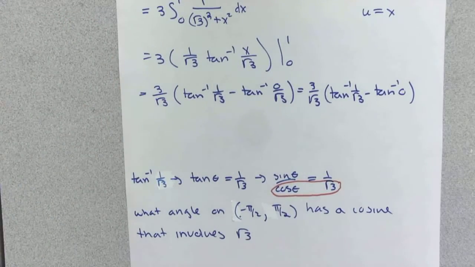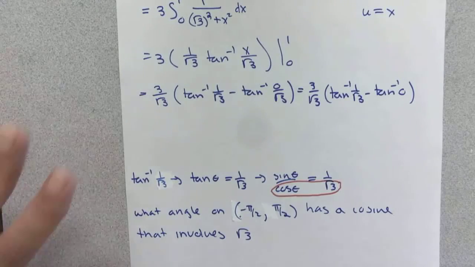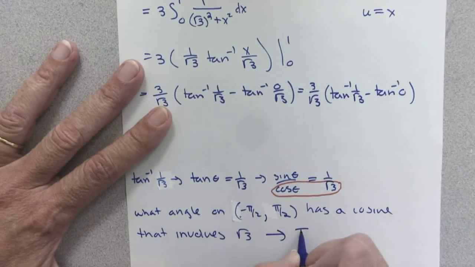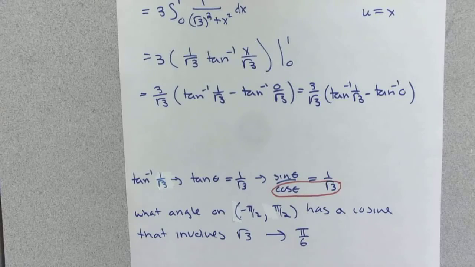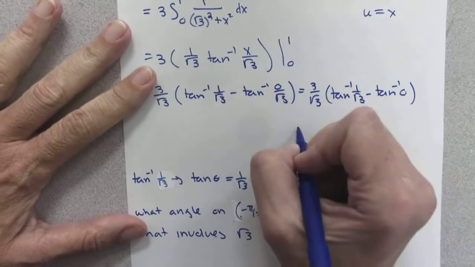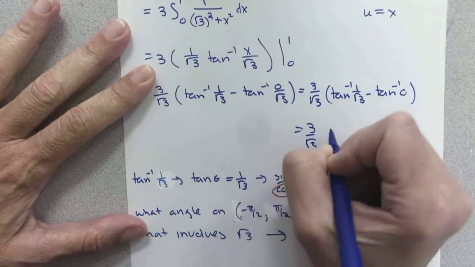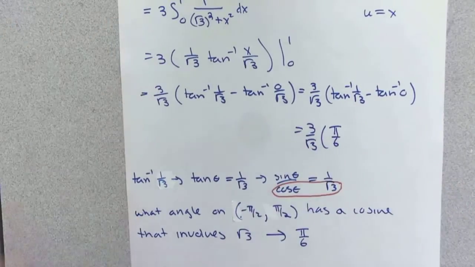Notice I didn't say equals square root of 3, I said involves square root of 3. And I break it down to sine and cosine because those are the numbers I know. Well, the answer there, that is pi over 6. Cosine of pi over 6 is square root of 3 over 2. And so I get to put a pi over 6 here.